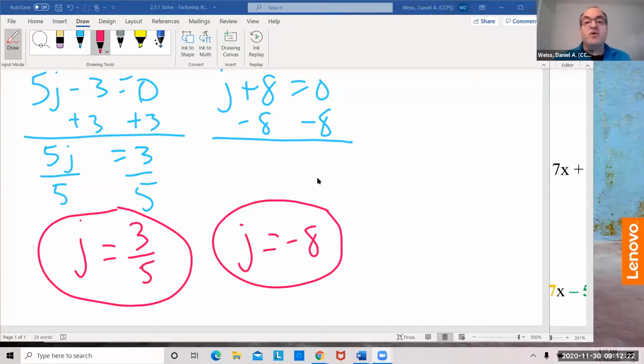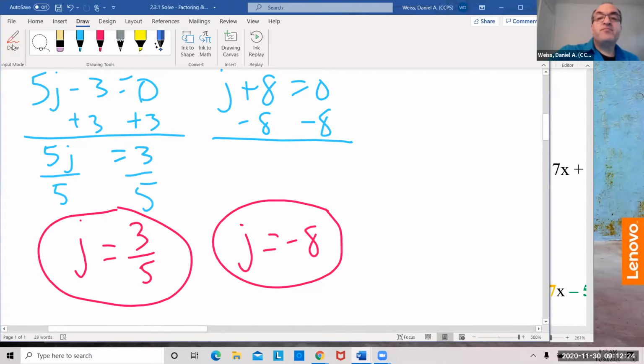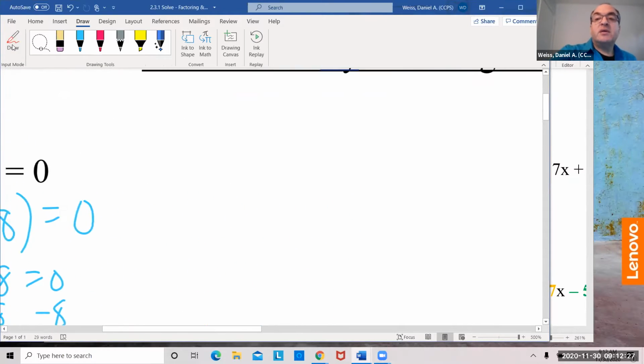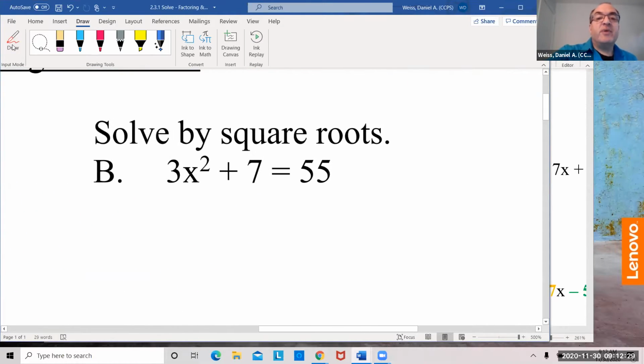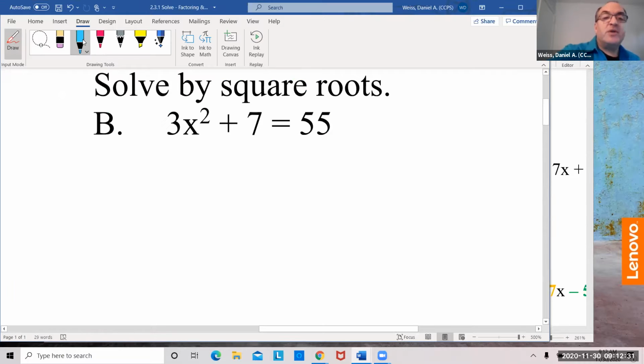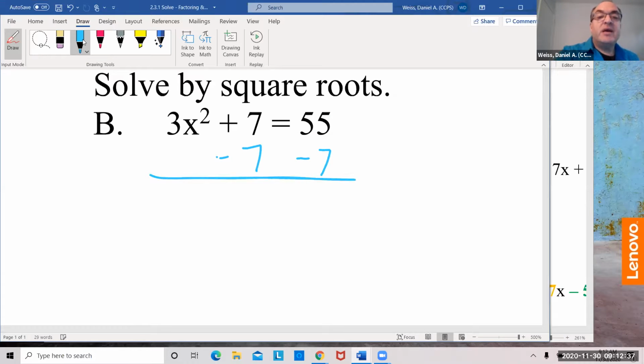And then what we did just before the break was solving by square roots, which you guys had a really easy time with. Remember, you minus 7 to both sides here, and you got 3x squared equal 48.